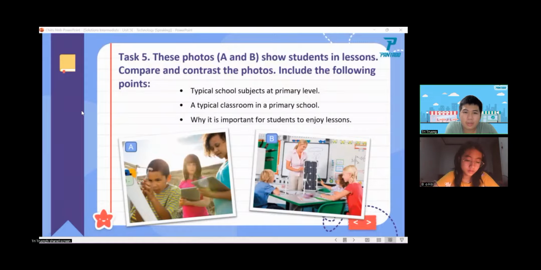And the last question, why is it important for students to enjoy lessons? When you enjoy the lesson, you can like... I think you can make a contrast with a student that does not enjoy the lesson.